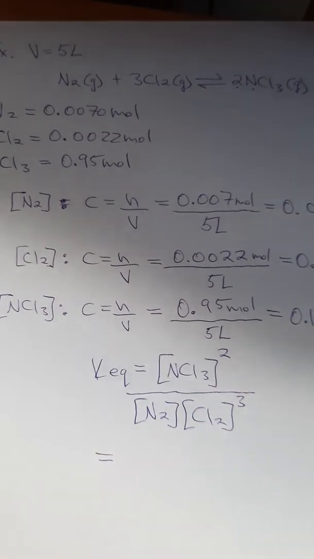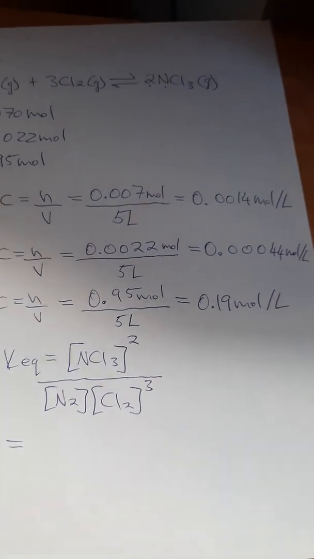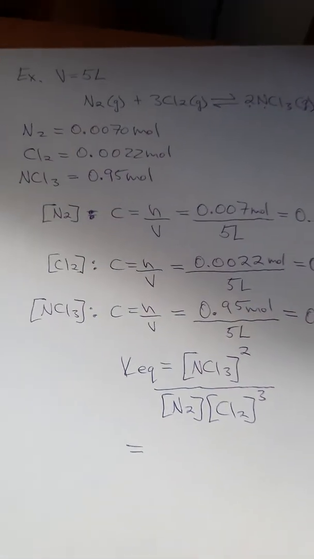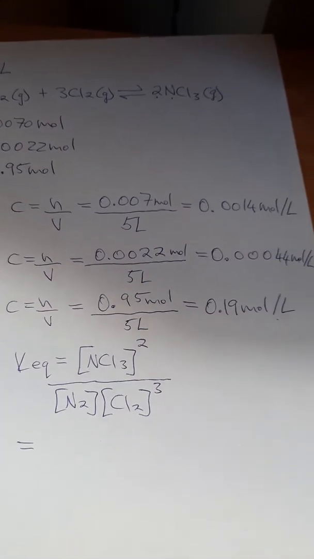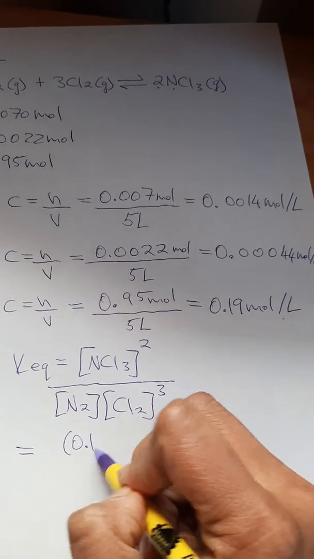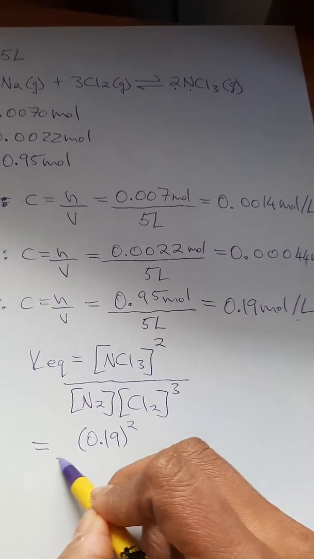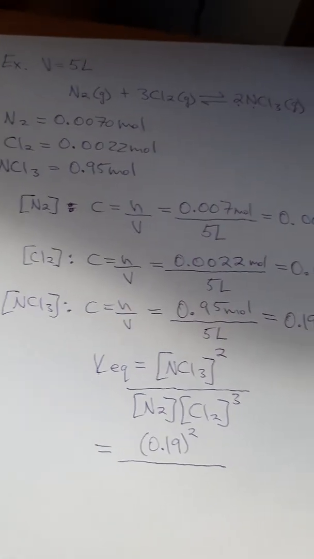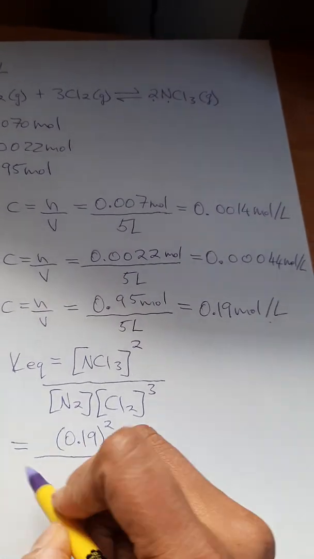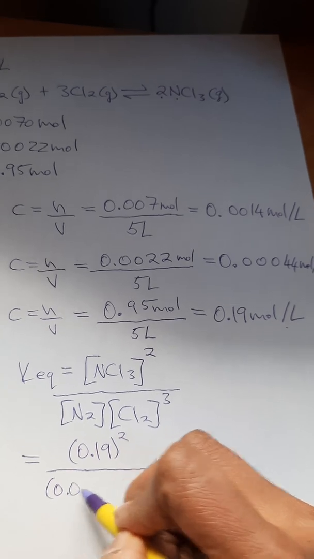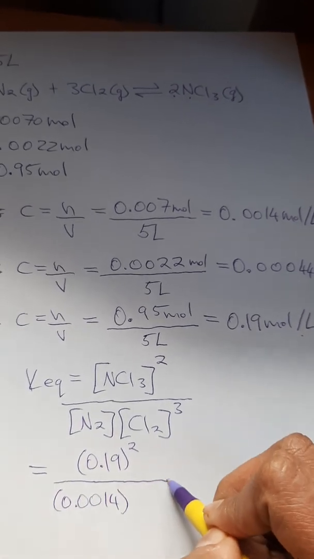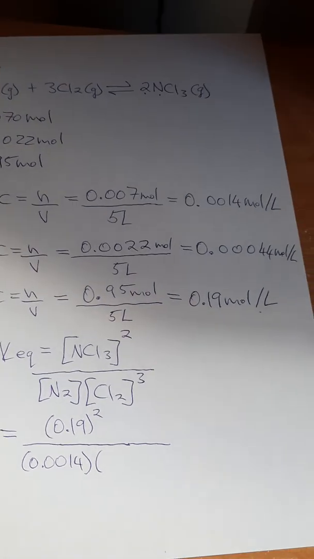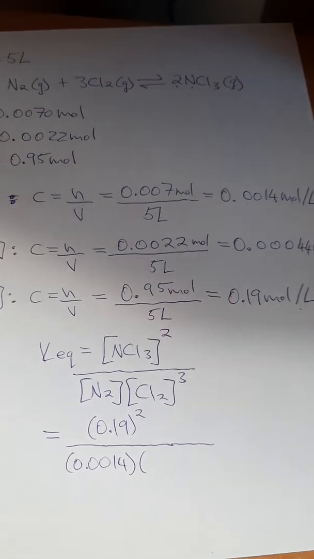Then we're going to plug in our values that we got over here on the side as the concentrations. The top one is NCl3, so we're going to put it in brackets, so 0.19 squared, over the nitrogen, which is 0.0014 moles per liter. There's no need to write down any of the units when you're plugging it in.